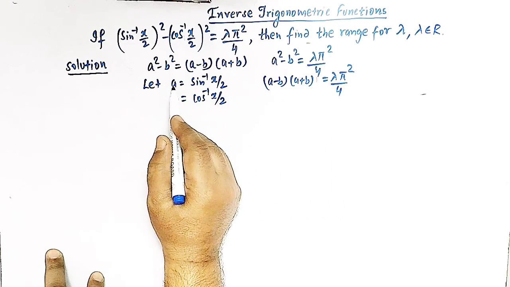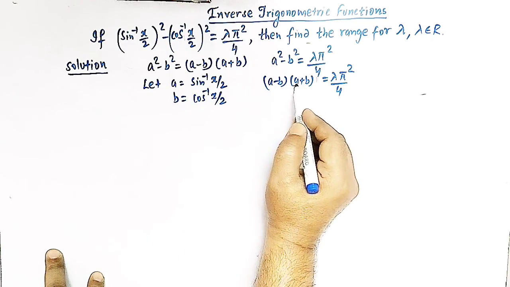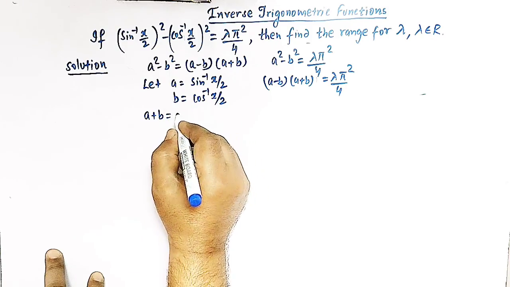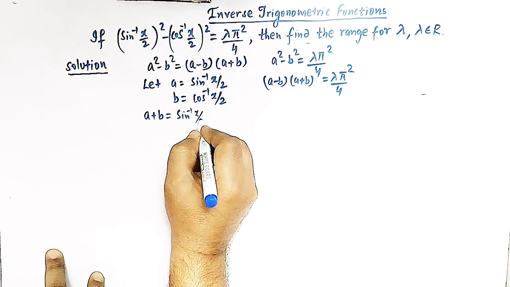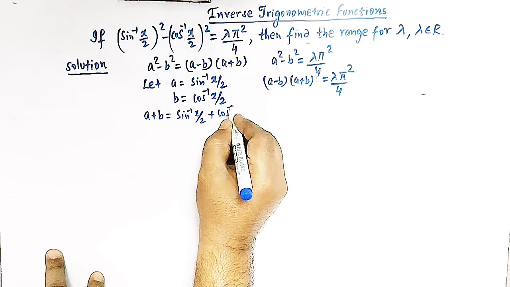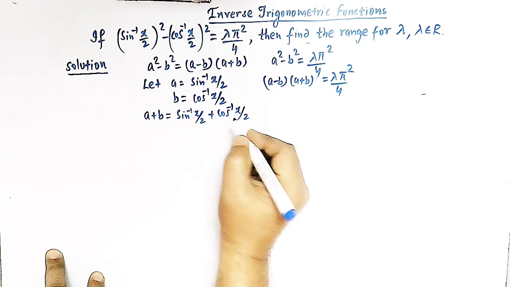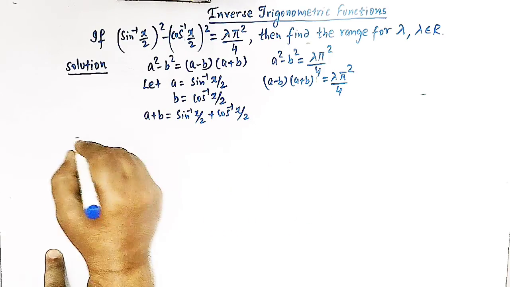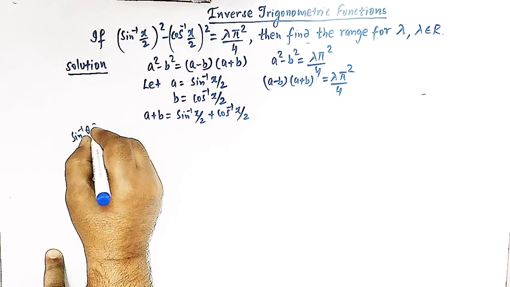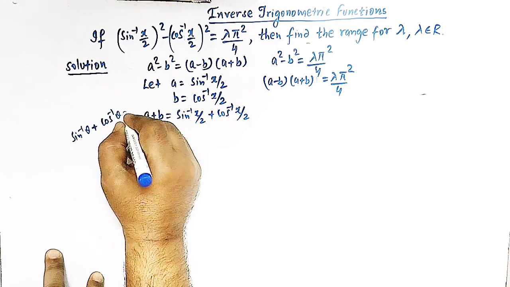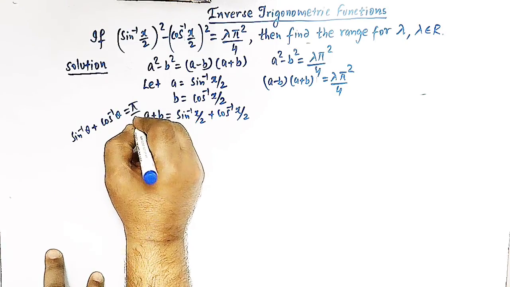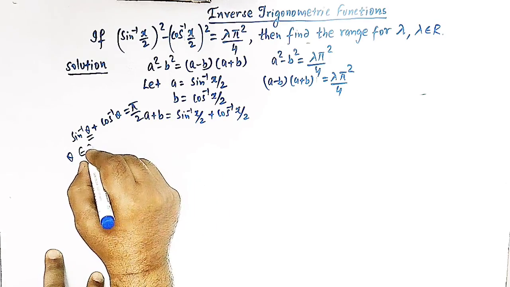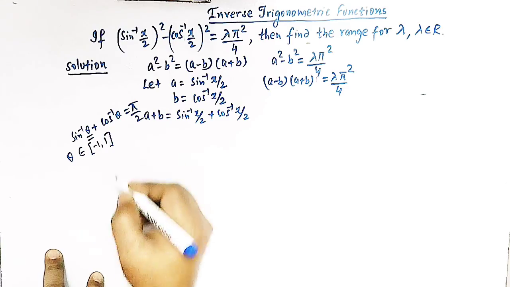Now see here the value of a plus b. If we add a and b, then a plus b is sine inverse x over 2 plus cos inverse x over 2. And from inverse trigonometric functions, we know that sine inverse theta plus cos inverse theta is equal to pi over 2, when this theta belongs to the interval minus 1 to 1, right?